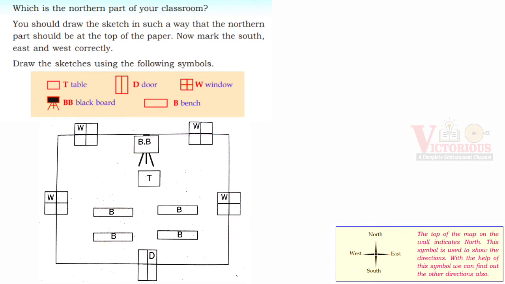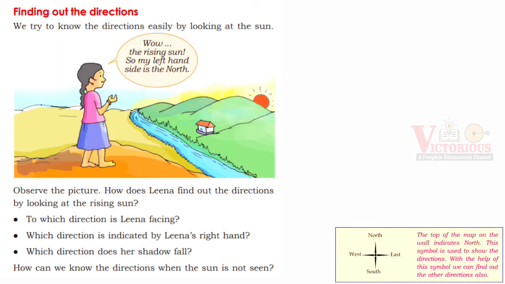Okay friends, then finding out the directions. We try to know the directions easily by looking at the sun. Look at the picture. She is telling, wow, the rising sun. So my left hand side is the north. So we all know from where the sun is rising up.